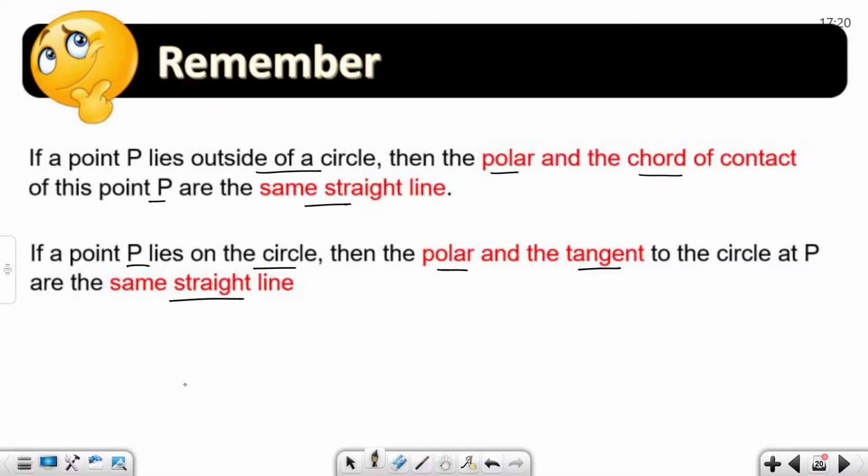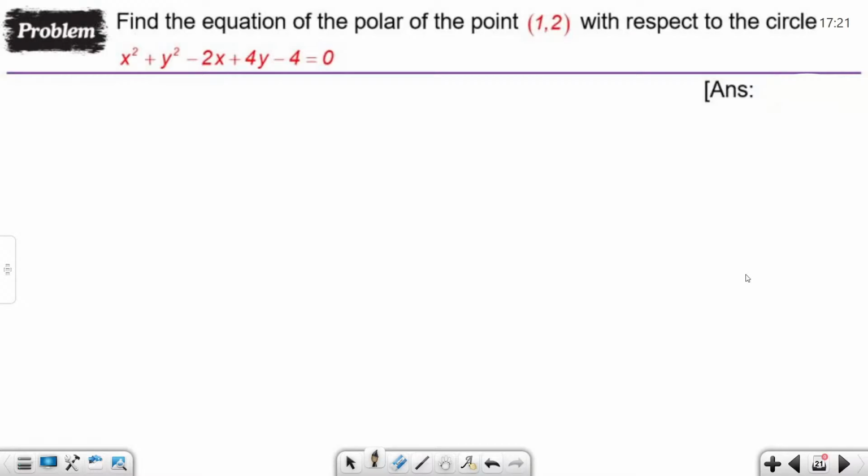But if the pole is inside the circle, the equation of the polar in all these three cases will be T equals to 0, but this line has no particular name. It is simply a line when the pole is lying inside the circle. That's it. Clear? Okay, let us just move to some problems based on pole and polars.